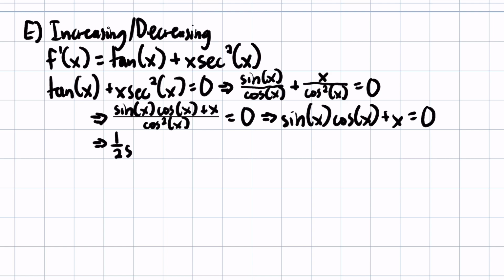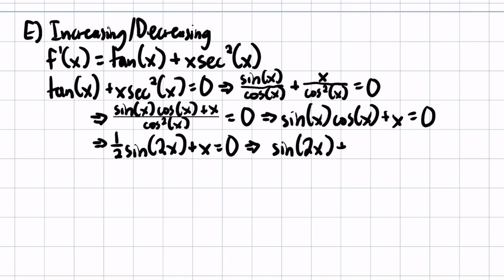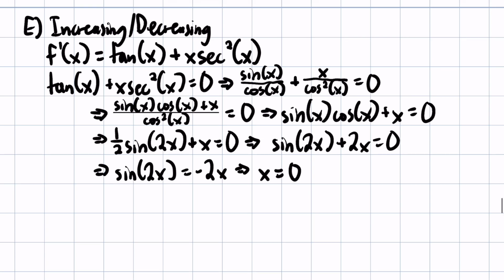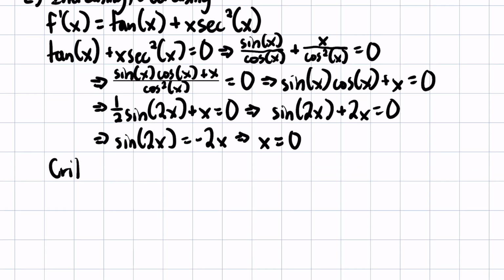So 1/2 sine of 2x plus x equals 0. Multiply by 2, we have sine of 2x plus 2x equals 0. So then sine of 2x equals negative 2x. The only place where that happens, in this domain at least, I haven't checked other places, is going to be at x equals 0. So that's going to be our critical point.